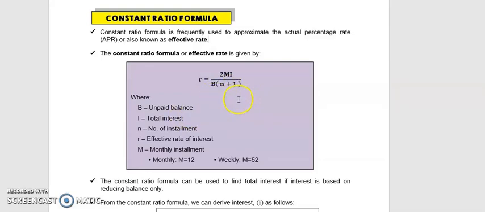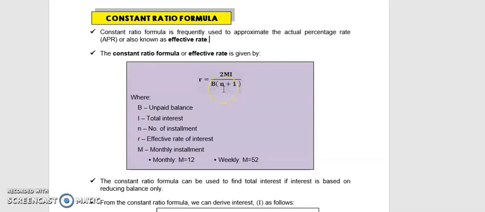If you look at the terms inside this formula, b is balance. How do we calculate balance? CP minus DP. Note that when there is no down payment, DP equals 0, so balance equals CP.